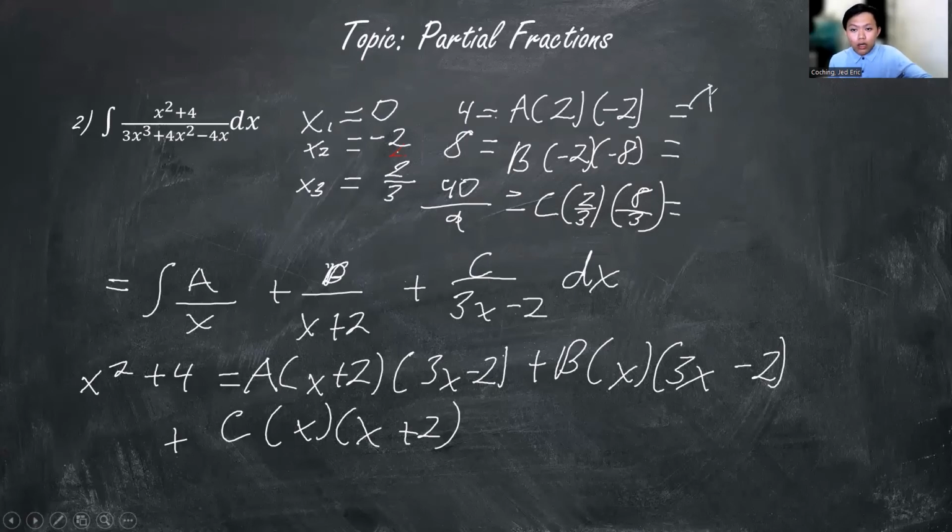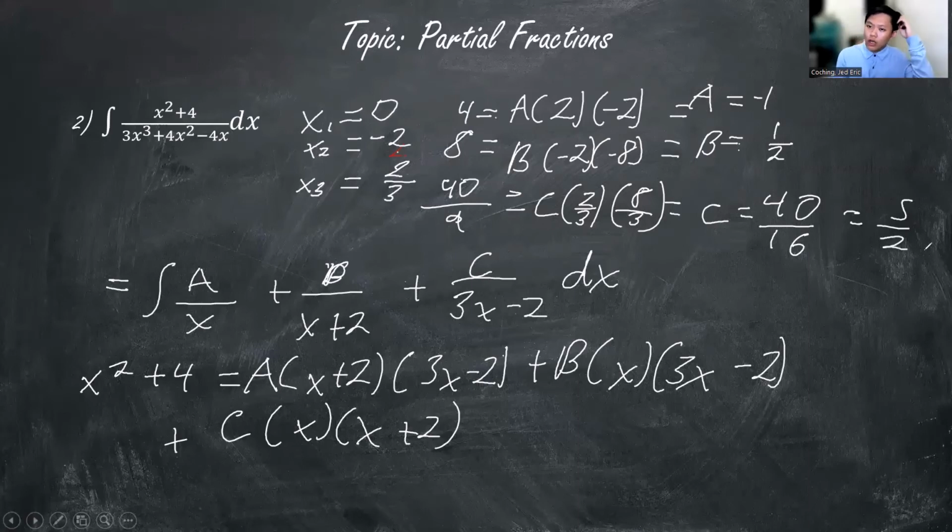A here is equal to -1. B here is equal to 1/2. Then c here is equal to 40 over 16, and that's equal to 5/2. Okay, now we can substitute it back. So here's the eraser.